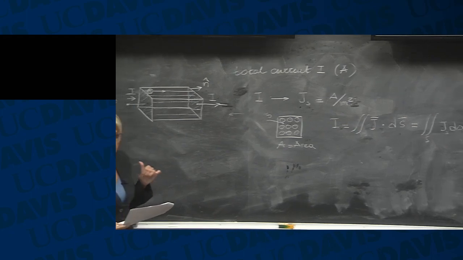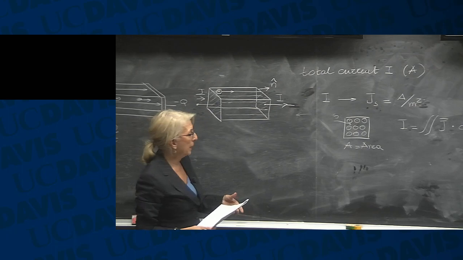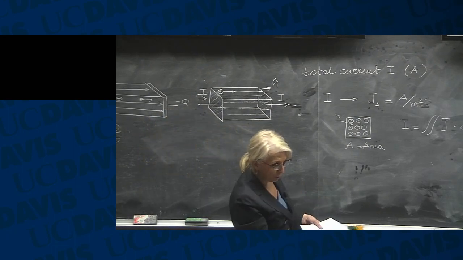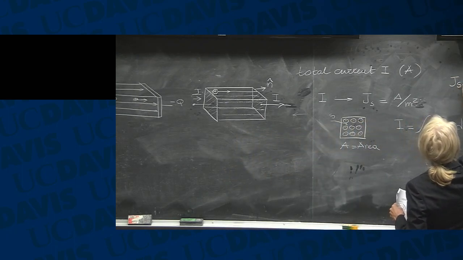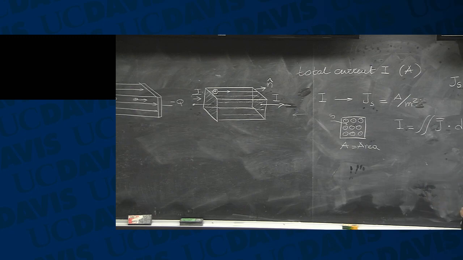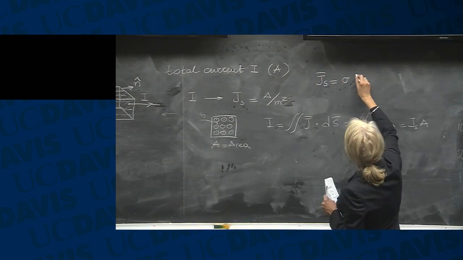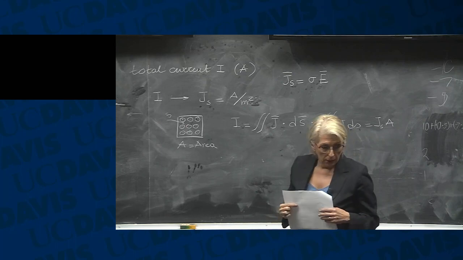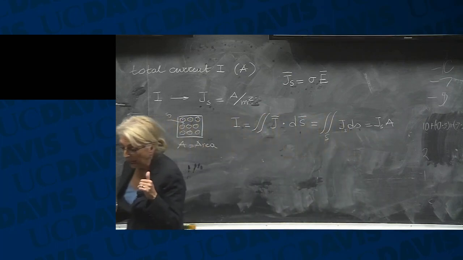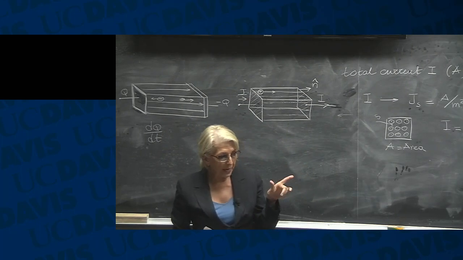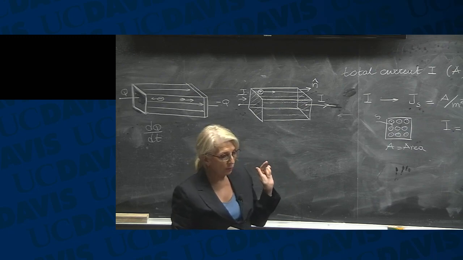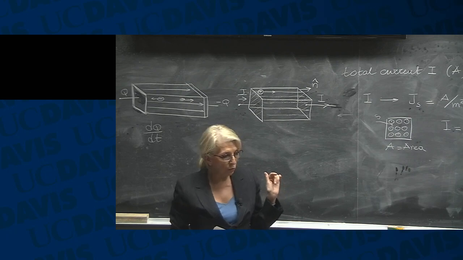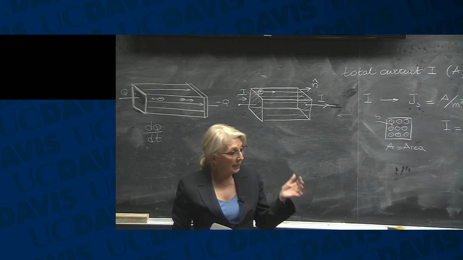Now, what you can find from a microscopic analysis and then go into a macroscopic convention is that J sub S is proportional to the electric field. And of course that's the case, because if we assume that J shows the trajectory of one charge, and the charge is inside this electric field, the charge is going to move under the presence of a force along the field lines.